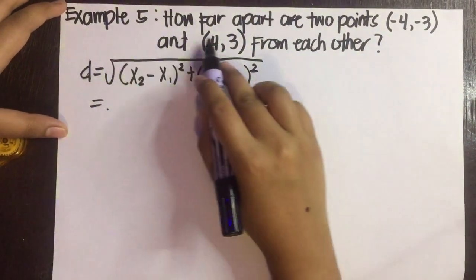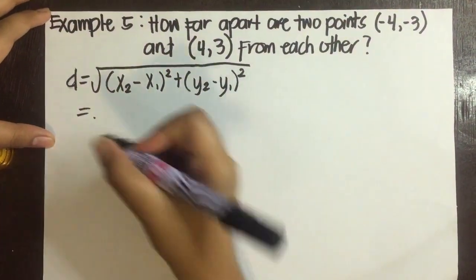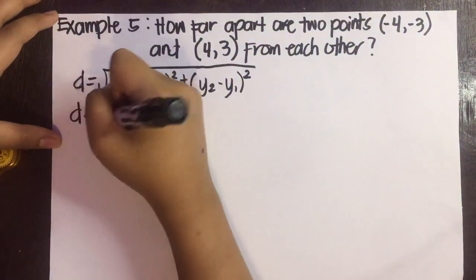So last example, how far apart are the 2 points negative 4 and negative 3, and 4 and 3 from each other?